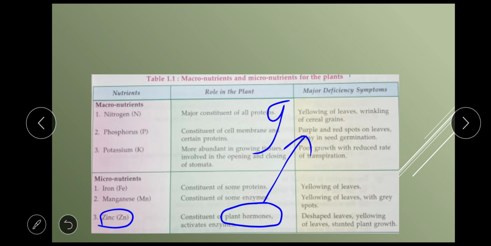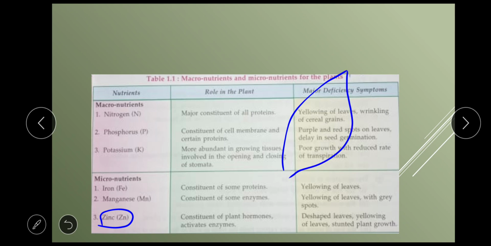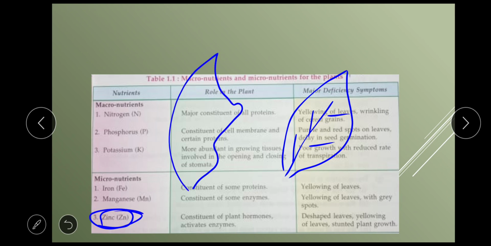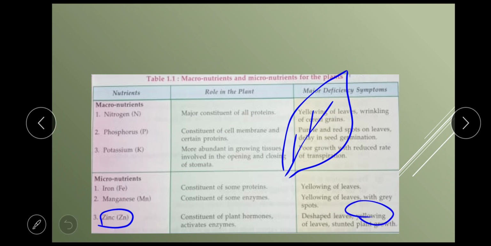If the zinc is not there, we have D-shaped leaves. D-shaped leaves means, see, the leaves should have a shape like this, most commonly, but if the hormone is not good, if this zinc is not proper, the leaves may have a shape like this, like this. So you can see that the shape of the leaves is destroyed. Then again yellowing of leaves is a very common deficiency, and also stunted plant growth.